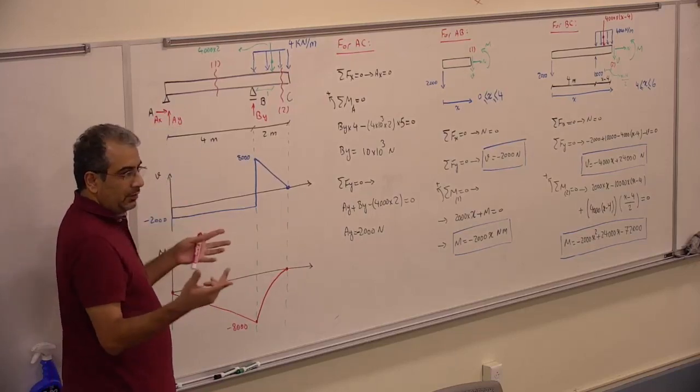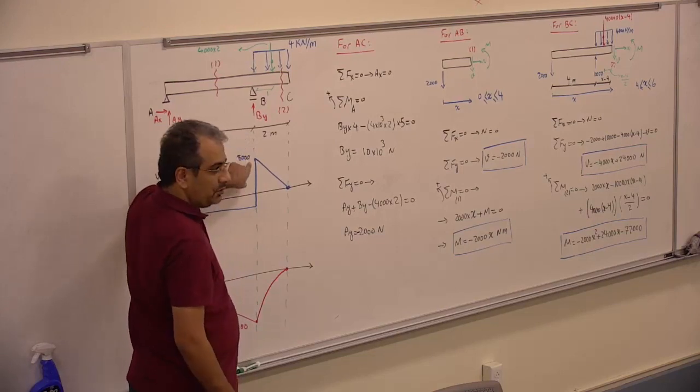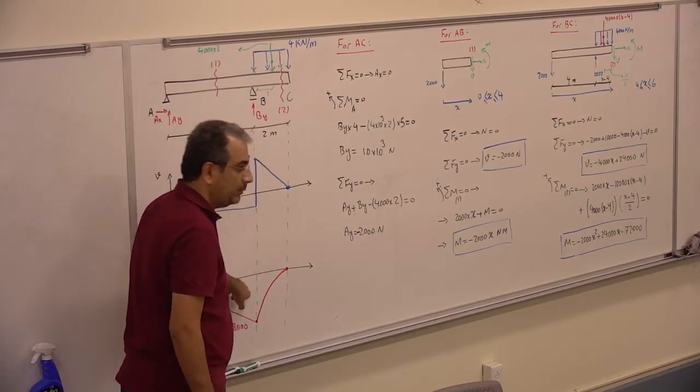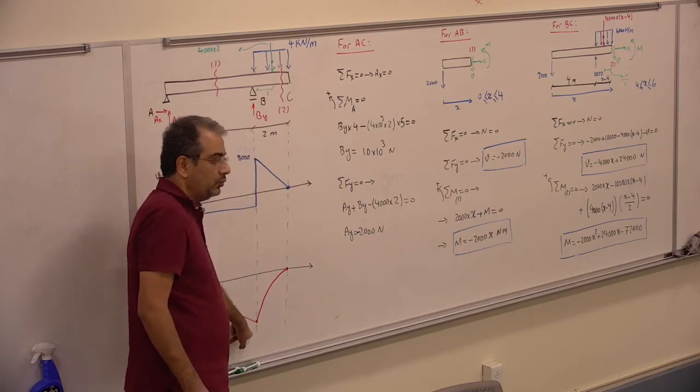So if I want to design that beam, again, the worst case scenario for both shear and the moment is going to be at the same point, and it's 8,000 Newton here and 8,000 Newton meter for the moment.